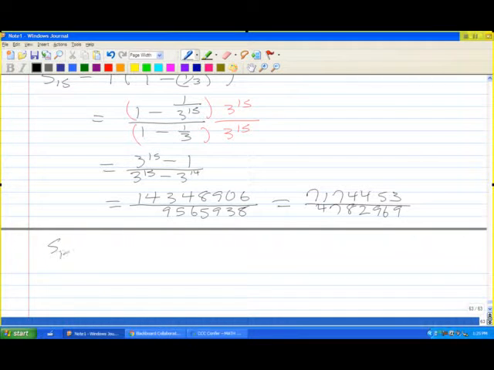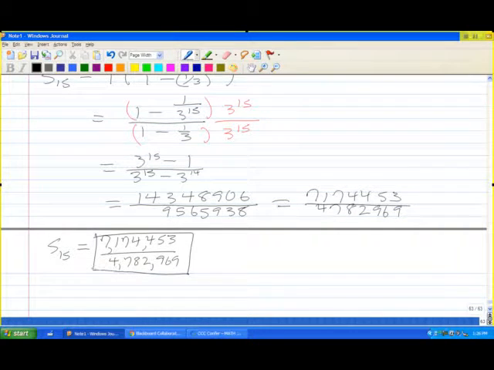So the sum of the first 15 terms is 7,174,453 over 4,782,969, which is approximately 1.4999.